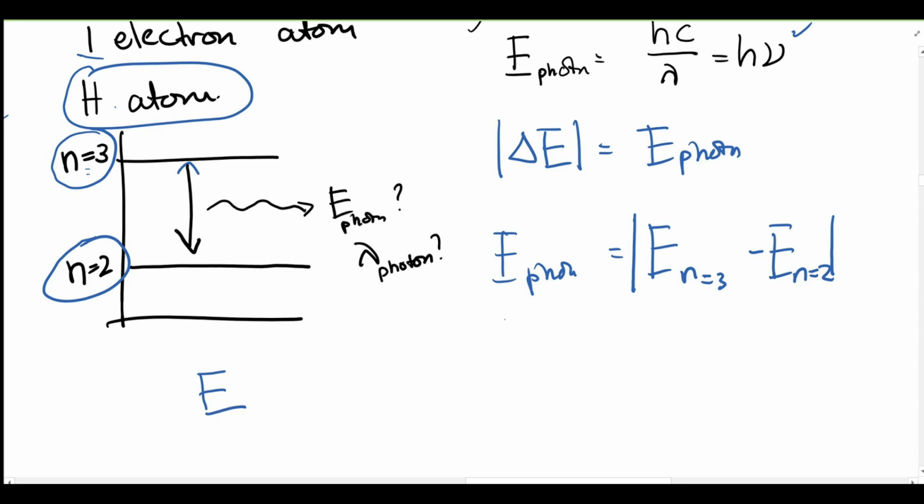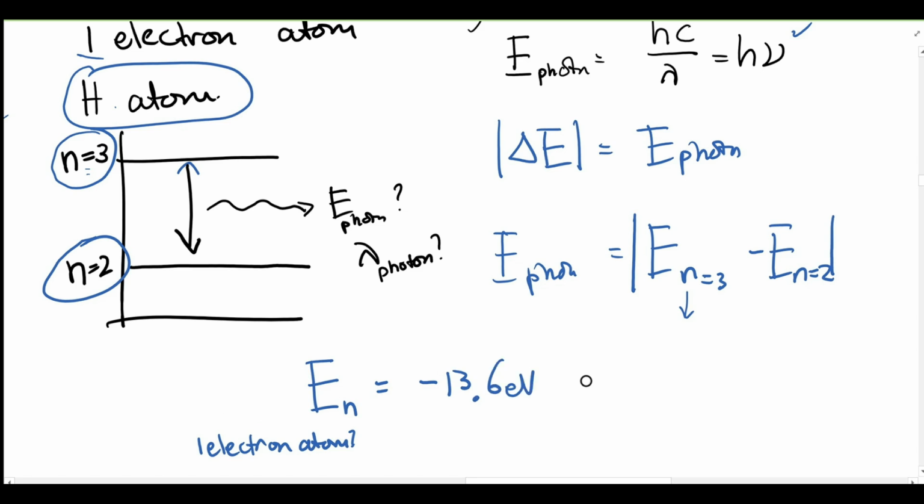So how do I find out the energy for a quantum number n equals 3, or any quantum number n, for a one electron atom? So it's negative 13.6 electron volts.